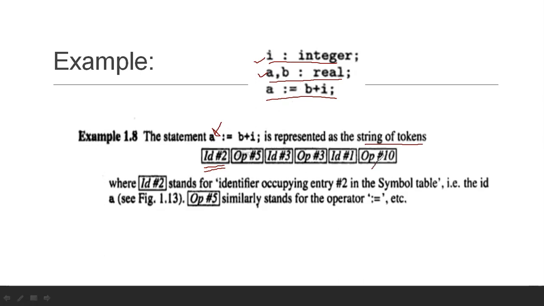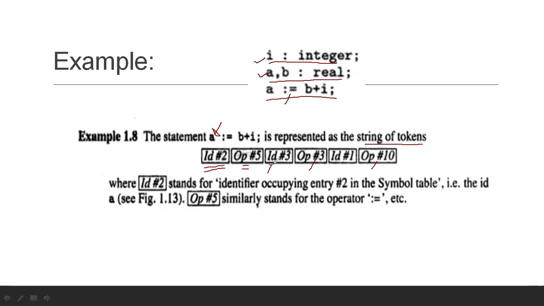So see here, operator 10 means semicolon. Operator 3 means plus. Operator 5 means equal to. So in one of the lectures, I will explain how these operators are given numbers. For time being, keep in mind OP hash 5 means equal to, the assignment.